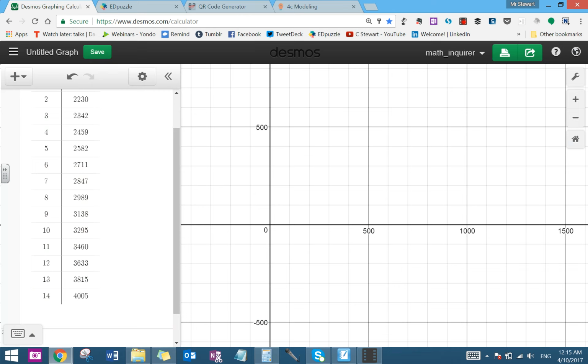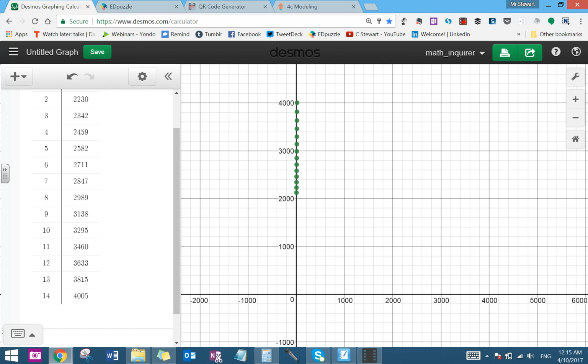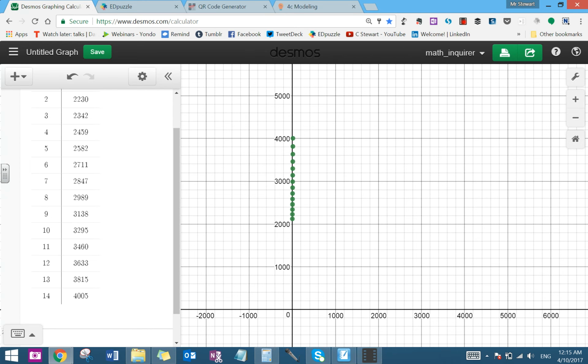I've already preloaded the data in. You notice I can't see a thing on my screen, and looking at the y values and the x values, the scaling is just totally off. With Desmos, I can pinch and zoom in, but even doing that doesn't really show me a whole lot.